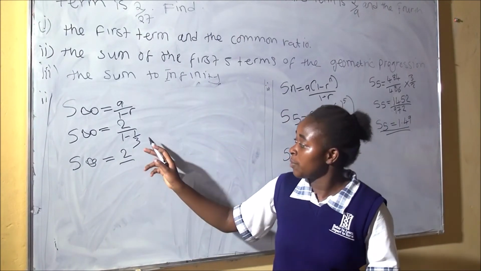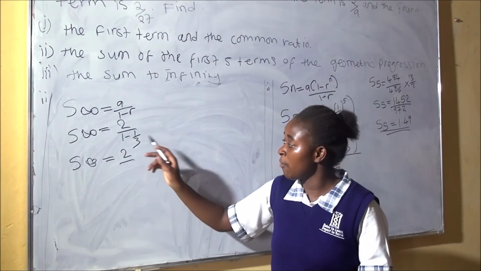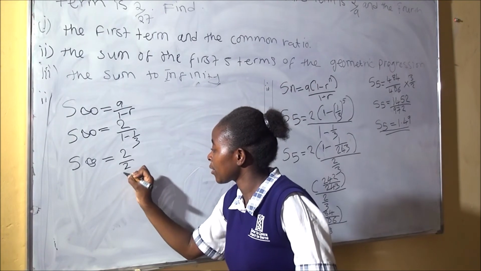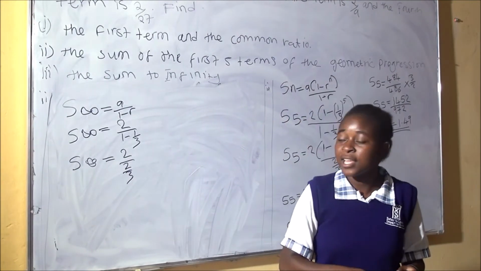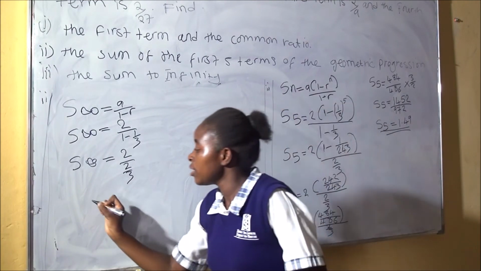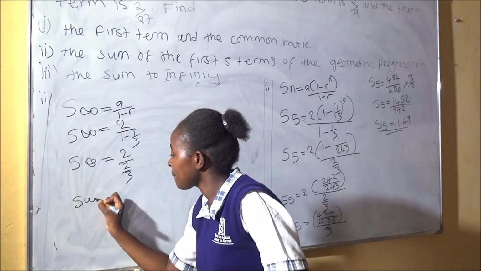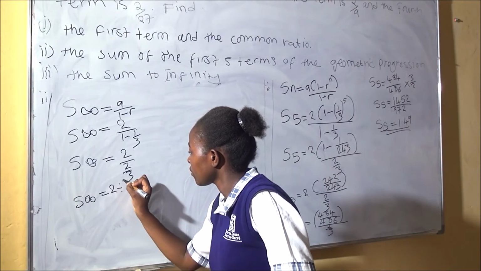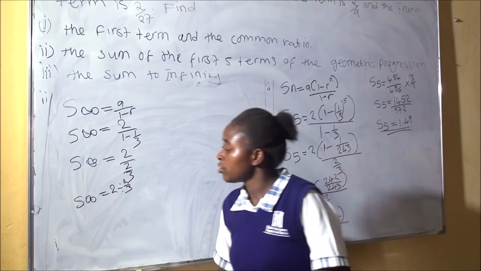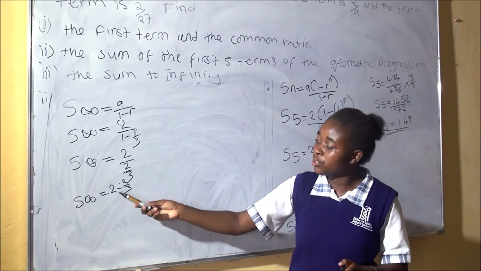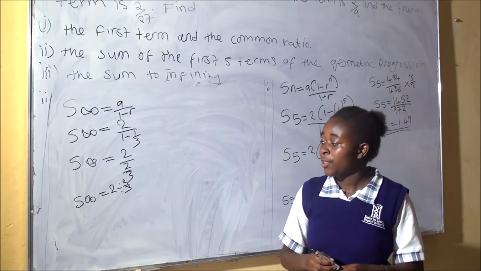Then you subtract this from this, so we have 1 minus 1 over 3, which is 2 over 3. Here, meaning that this has to divide into 2, so this sum to infinity will be equal to 2 divided by 2 over 3.